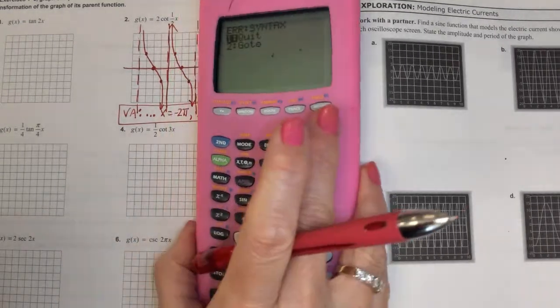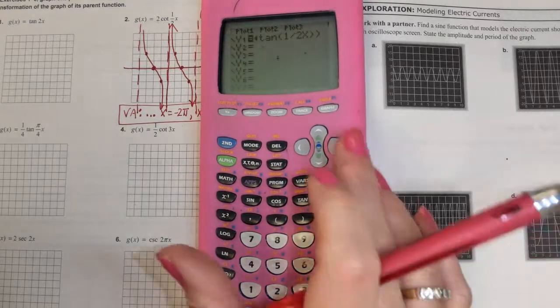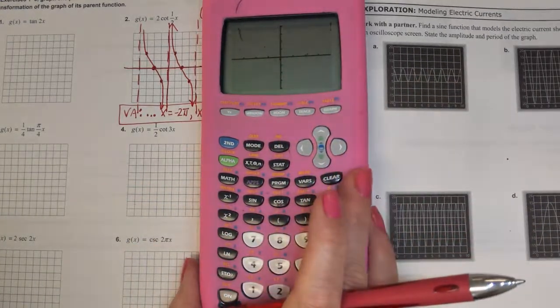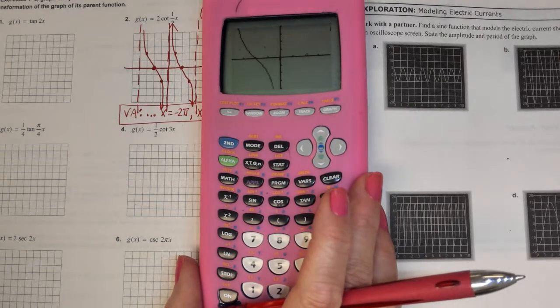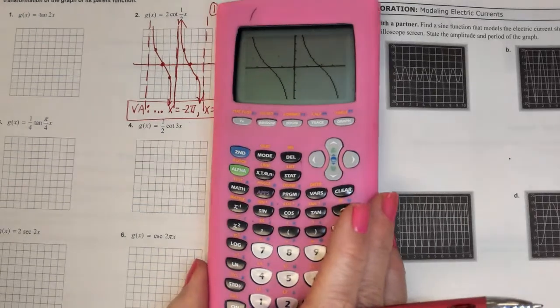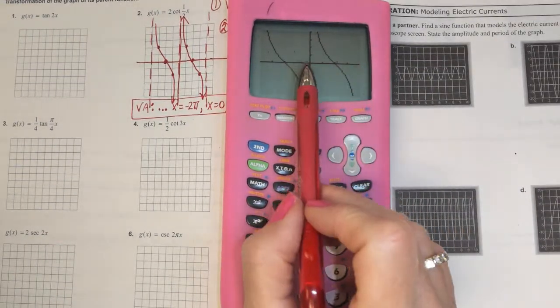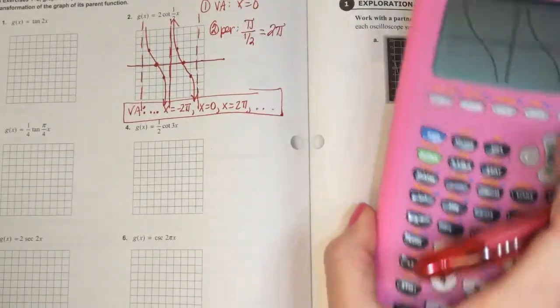Zoom 7. Oops, I have one too many parentheses. And here's the way it looks. Okay, makes sense? This is from 0 to 2 pi and 0 to -2 pi. It looks just like ours.